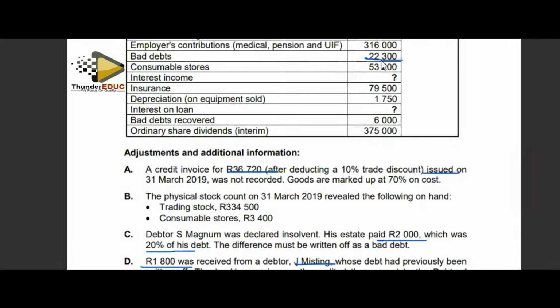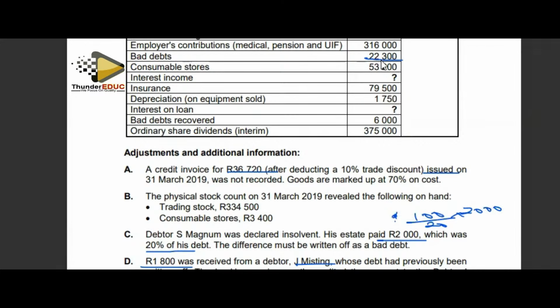So we are saying that the full amount was at 100, okay? So I'm given the 20% times the amount given to me, which is 2,000. I don't know this. This 100 is what I'm looking for. I want the full debt, which is at 100%.